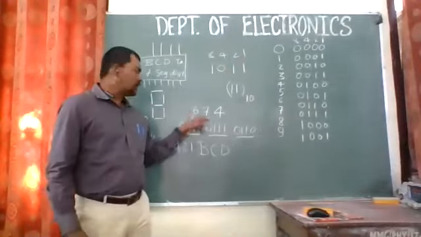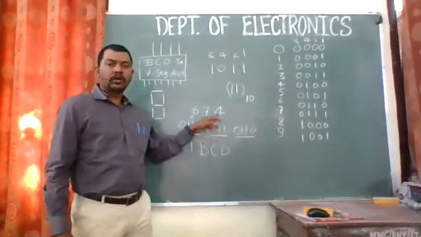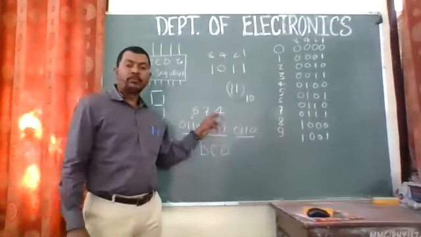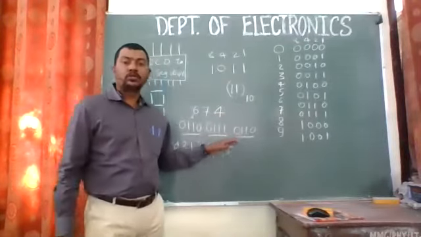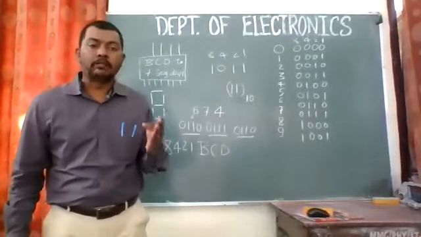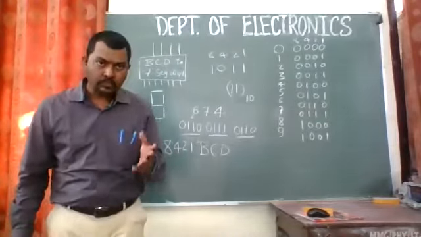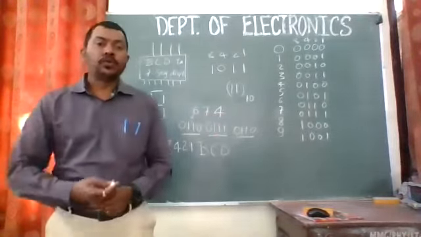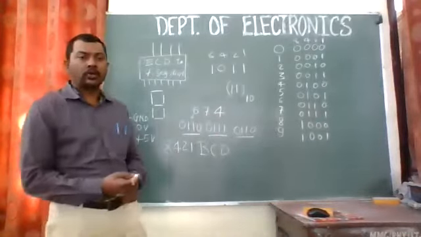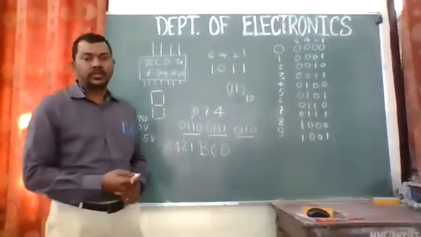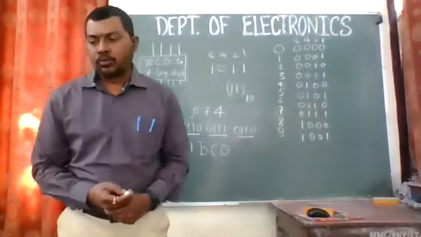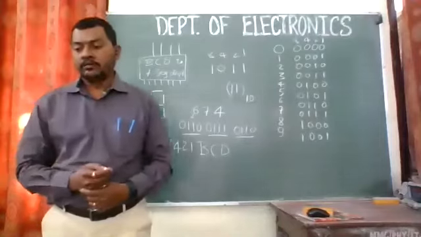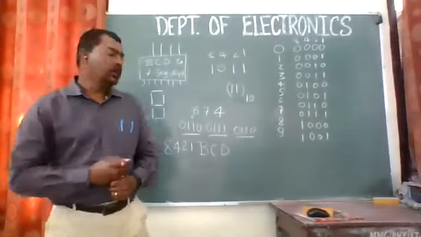As I've shown you, in the number 674, each digit of the decimal is converted into 4 equivalent bits of binary, right? These are called the 8421 BCD codes, binary coded decimal, and we can have any number.